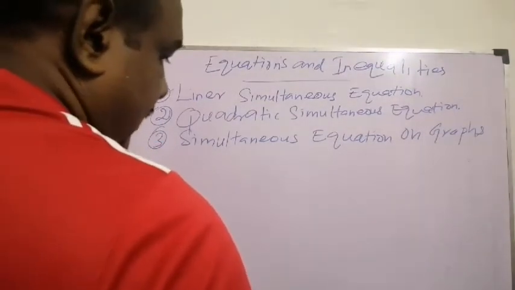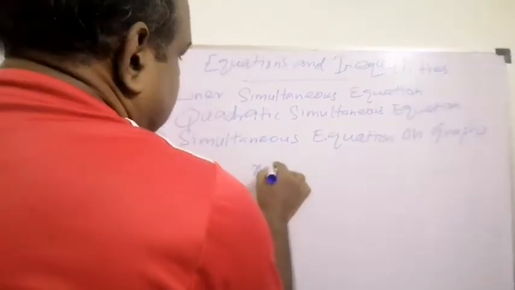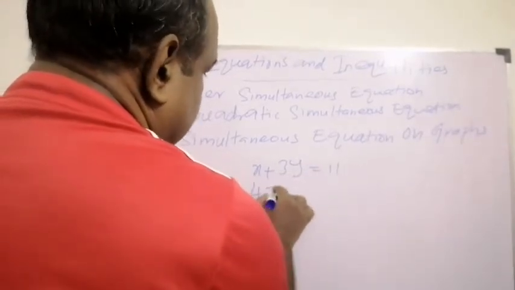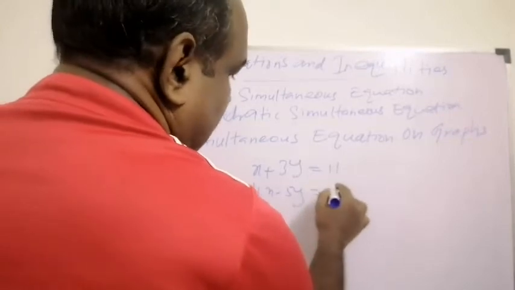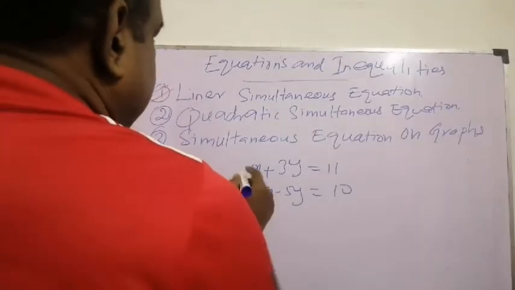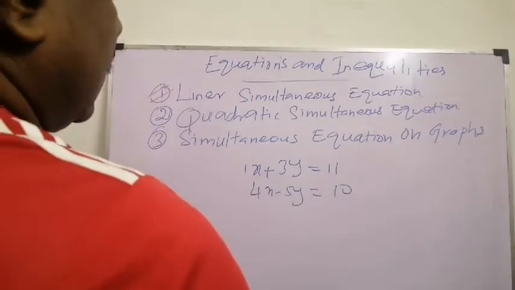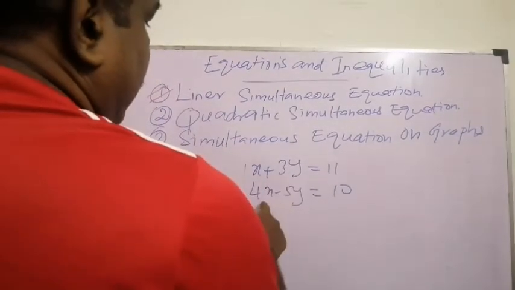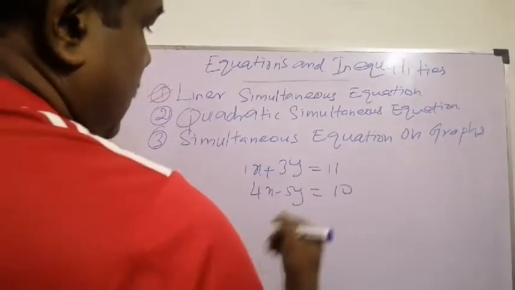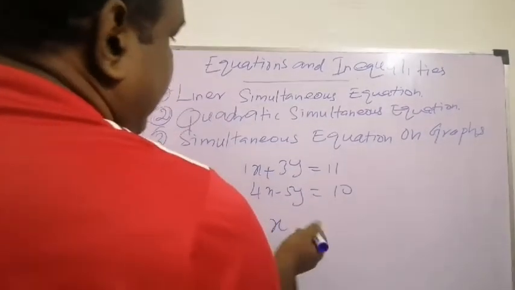The first equation is x plus 3y is equal to 11. The second is 4x minus 5y is equal to 10. So here you can see the coefficients of x and y, and the constants. I'm going to find x first, right?